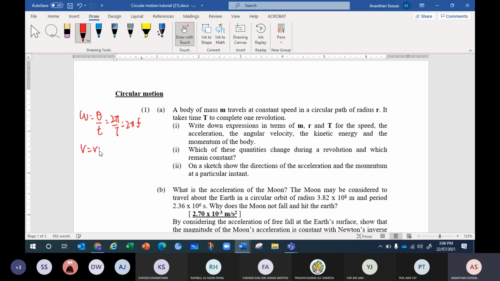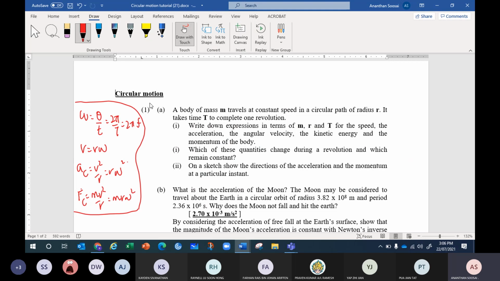Then v equals r omega. Then centripetal acceleration is v squared over r, r omega squared. Then finally, you learn centripetal force: mv squared over r, m r omega squared. So these are the formulas you learn in circular motion. And we discussed a lot of different types of systems.